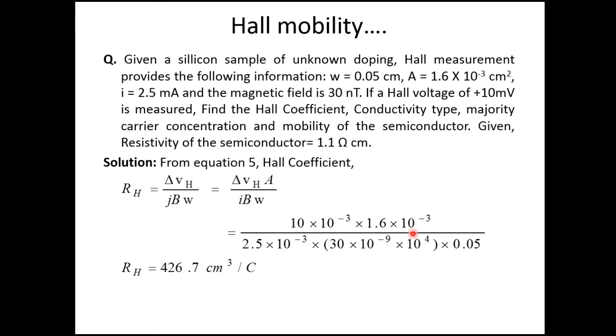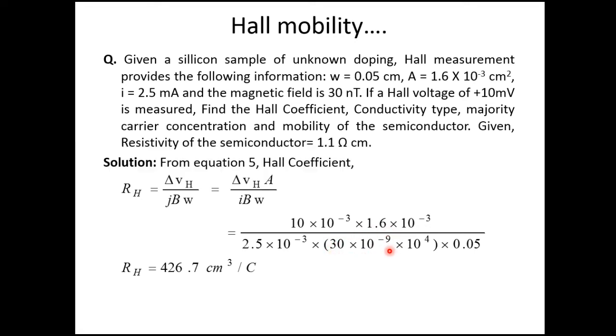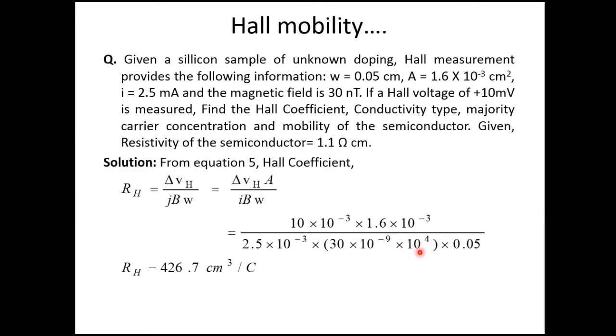But since we are using the CGS system here, means you are measuring the things in centimeter gram second, then you cannot use the MKS unit of magnetic field. Tesla is the unit of magnetic field in the MKS system. So we have to convert this into Gauss, which is the unit of magnetic field in the CGS system. So 1 Tesla is 10 power 4 Gauss. So we are multiplying this by 10 power 4 Gauss.